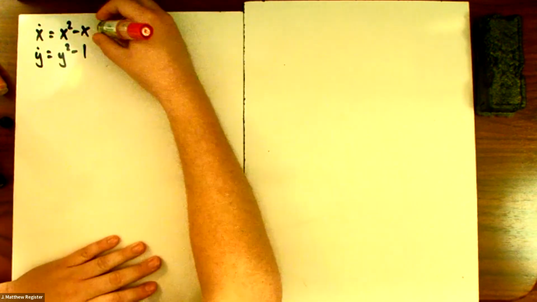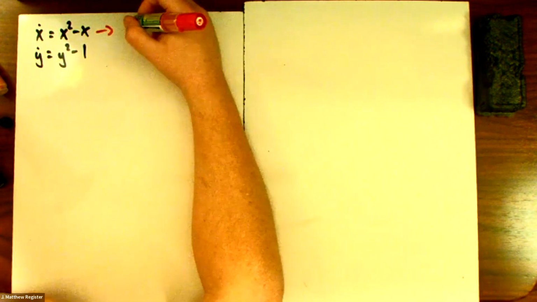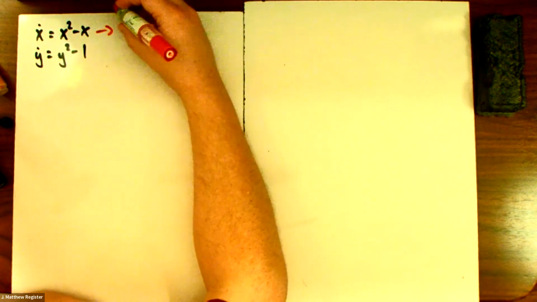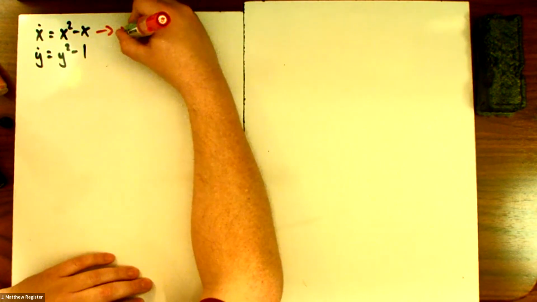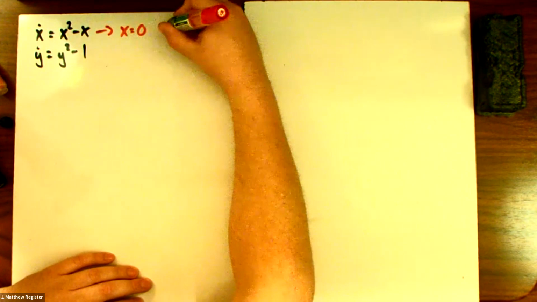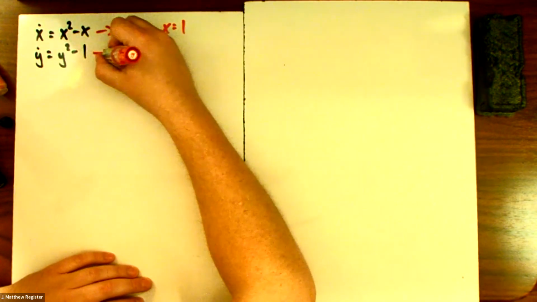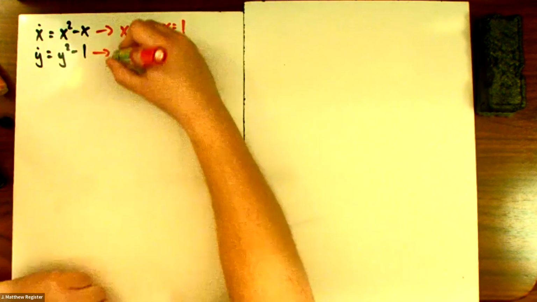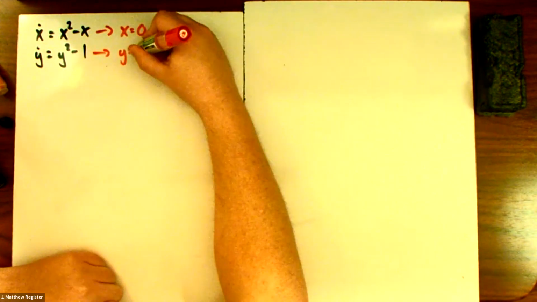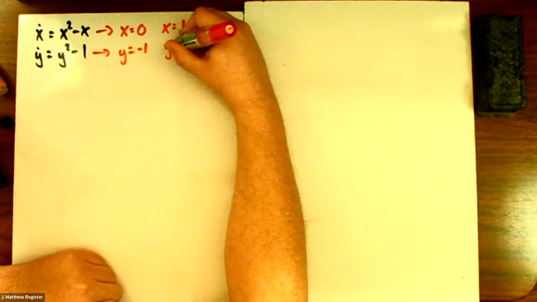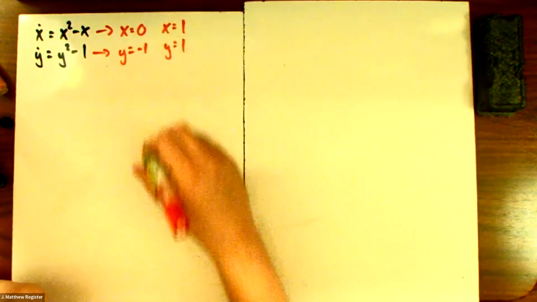And so x squared minus x, if we set that equal to 0, which is how we find the equilibrium, we're going to get that x is equal to 0 or x is equal to 1. For this one, we're going to get that y is equal to -1 or y is equal to +1.